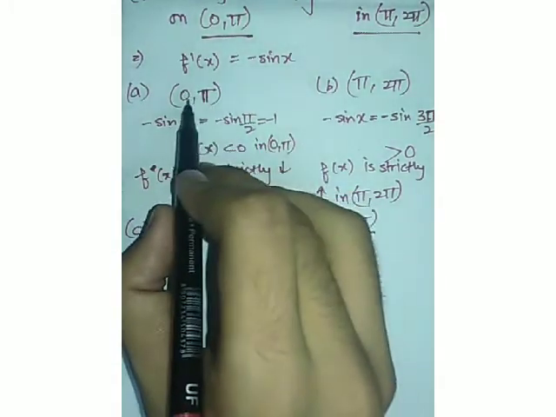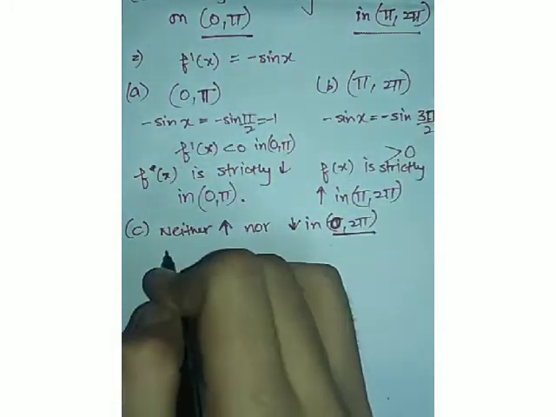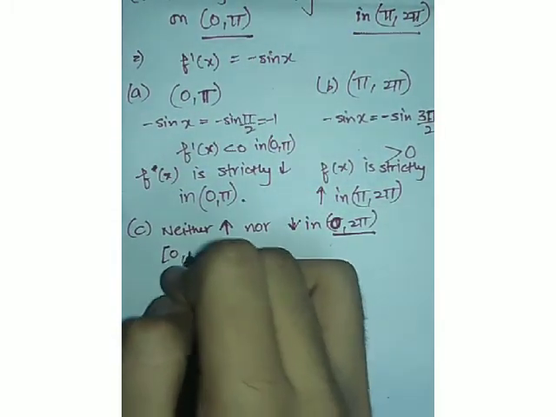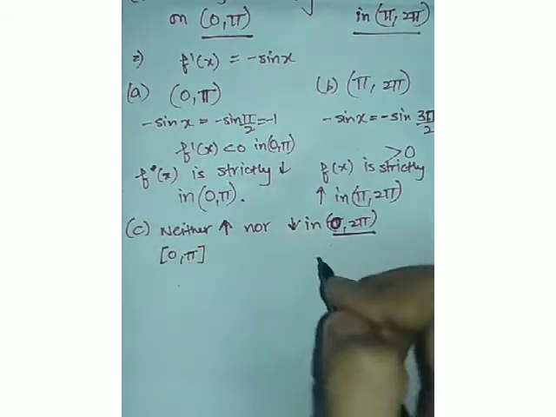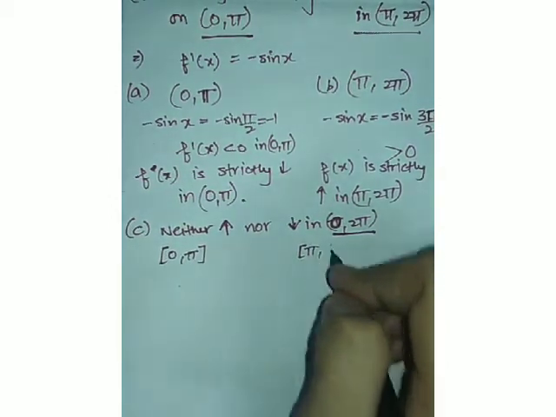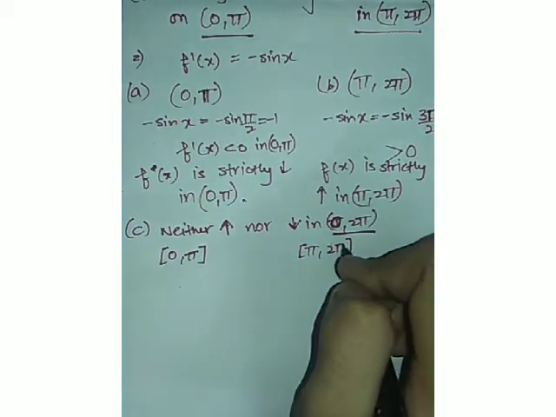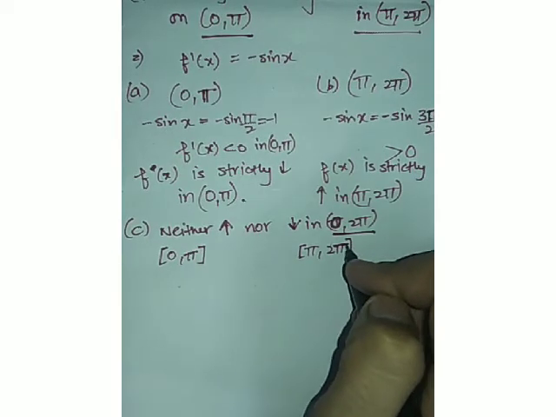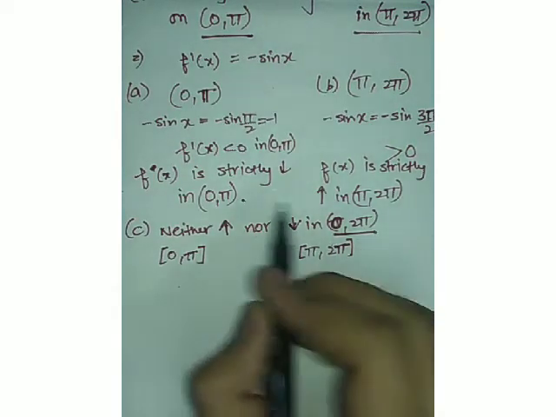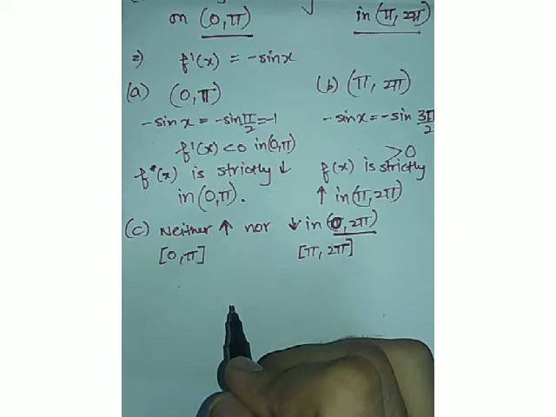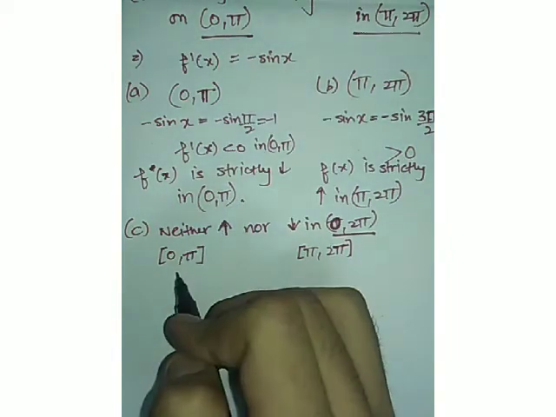For this, you have to take both of these intervals as closed intervals, 0 comma pi and pi comma 2 pi. And you have to observe the value of the function at both of the endpoints, because now it's a closed interval, we can consider endpoints.